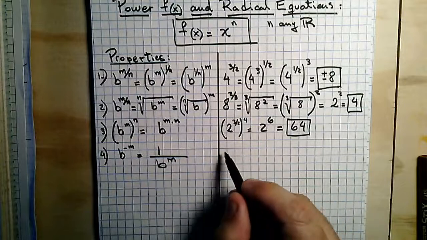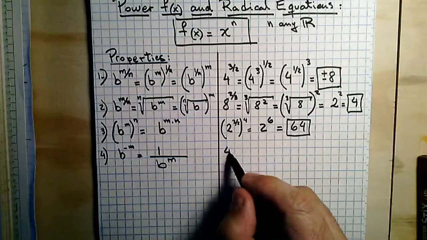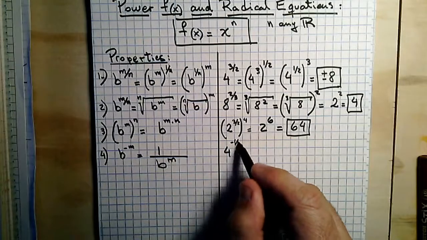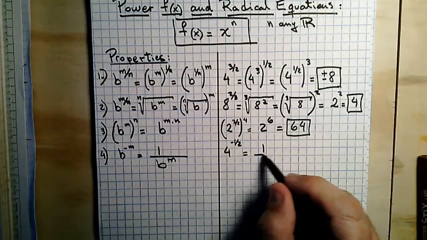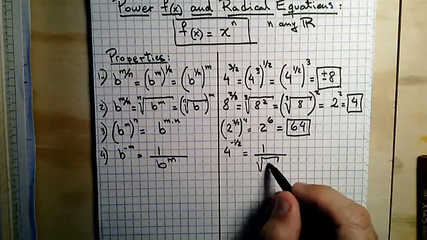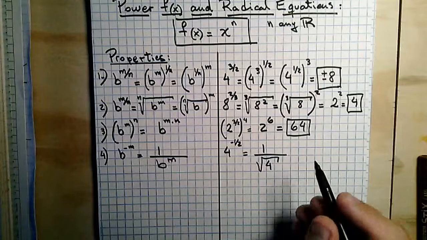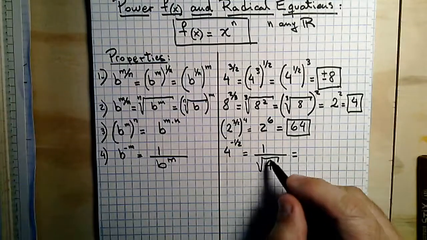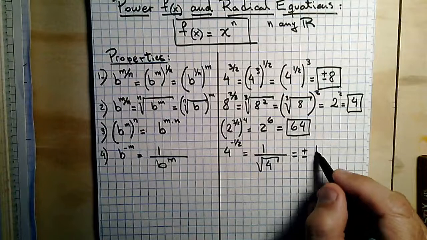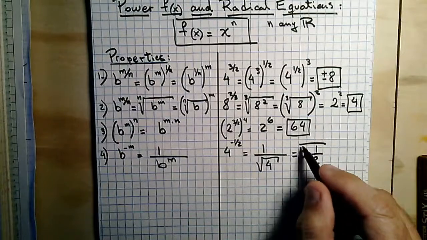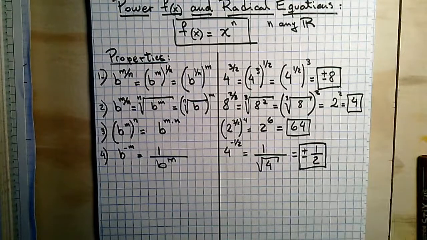The sample for that is 4 to the negative 1/2, and this is going to be 1 divided by the square root of 4, and this one exactly the same is going to be positive and negative 1/2. So this is going to be the final result.